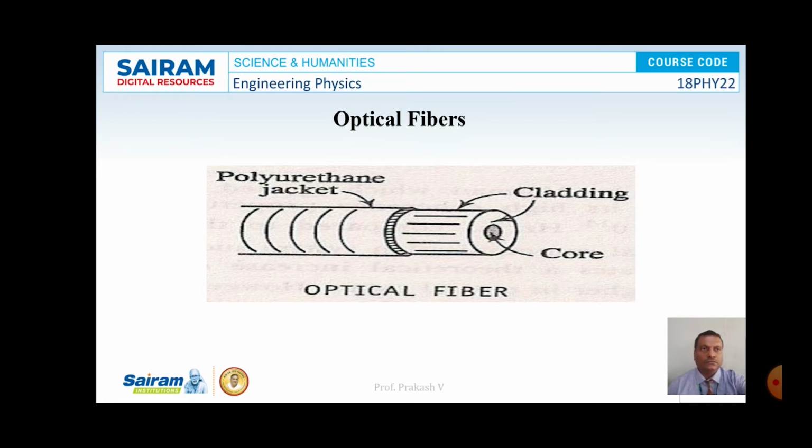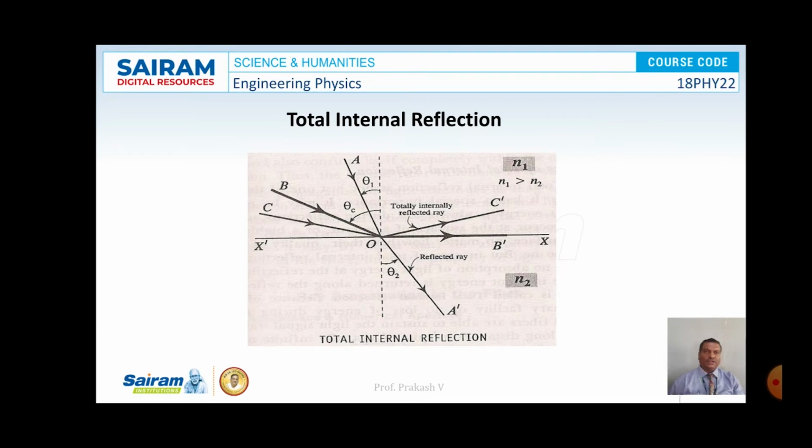Now, the total internal reflection. Here is a picture. The light is traveling from a denser to a rarer medium. The first medium has refractive index N1 and the second medium has refractive index N2, where N1 is greater than N2.